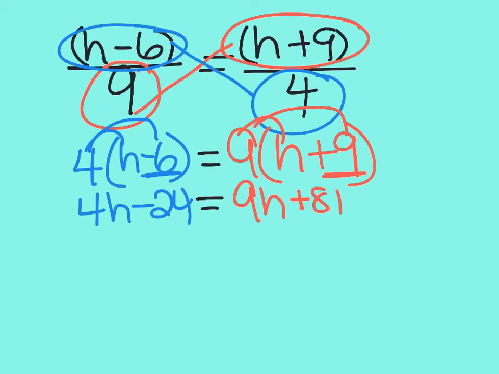Now we have the variables on both sides. I'm going to subtract this one, and you can subtract either one. I just like keeping the variable on the left side of the equation. It kind of looks backwards when you do it the other way.